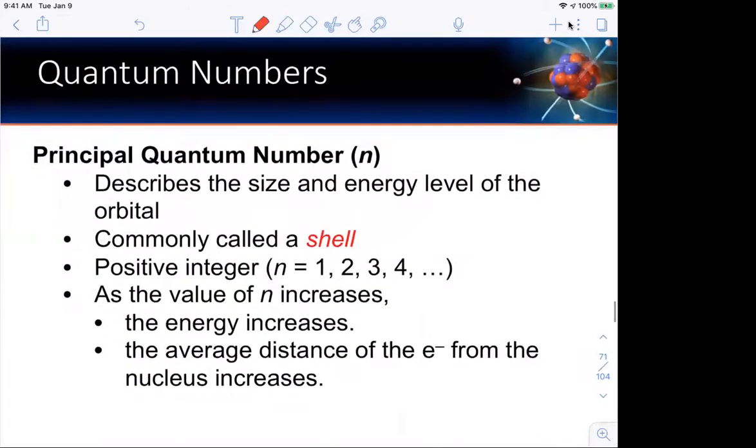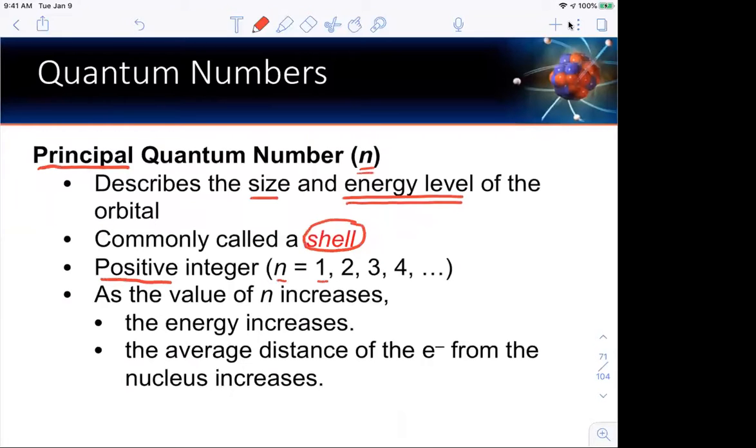The first one is called the principal quantum number, and that's n. This describes the size and the energy level of the orbital. This has also been called a shell, and it's always a positive integer.